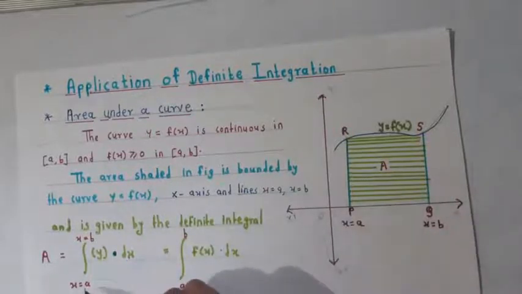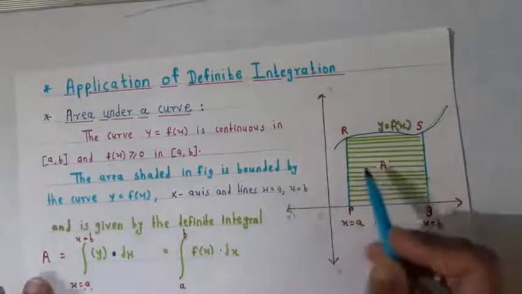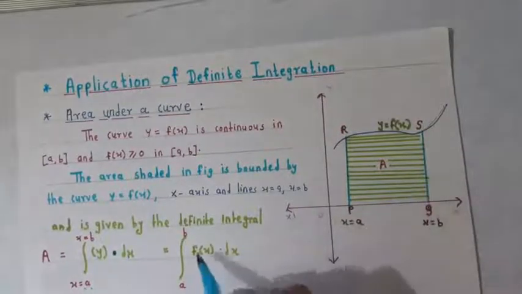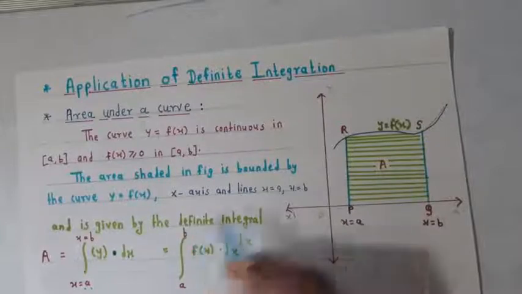Therefore the area under the curve in this case is given by the integration of f of x with respect to x, limits from a to b.